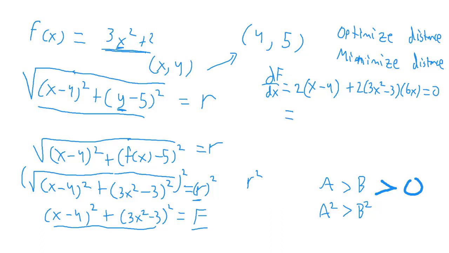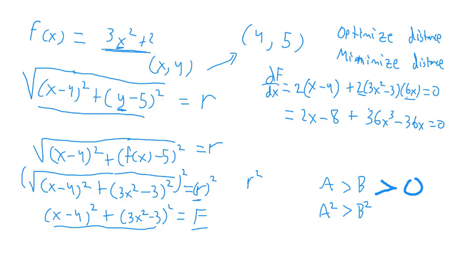So therefore we get 2x minus 8 plus, now multiplying, this is essentially 12x, right? We can multiply by 12x squared, so plus 36x cubed minus 36x equals 0.